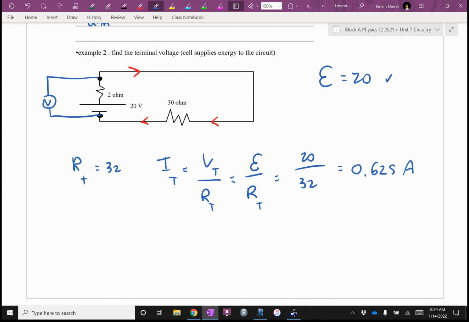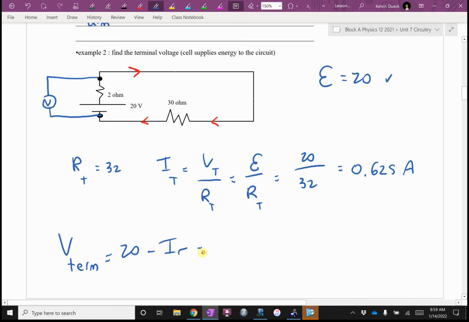Prebner, what does this question want me to find? It wants me to find this minus that. This minus I times little r. Right?